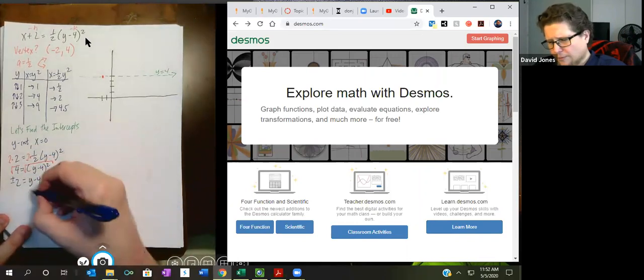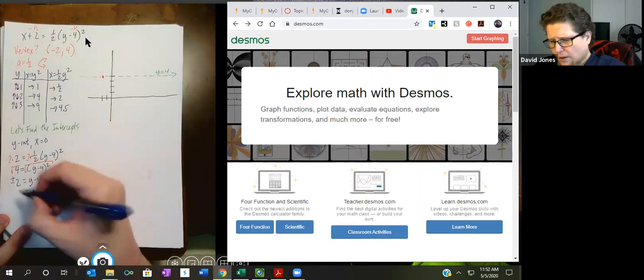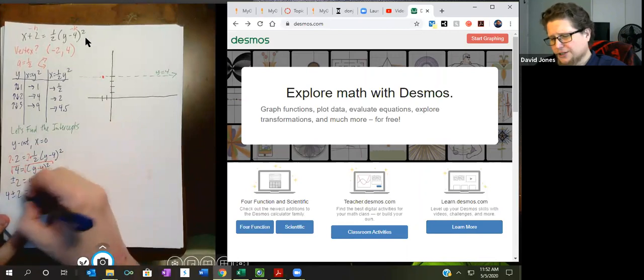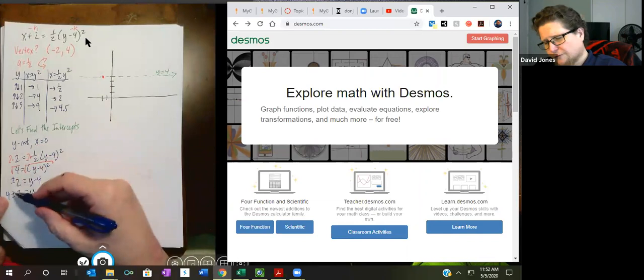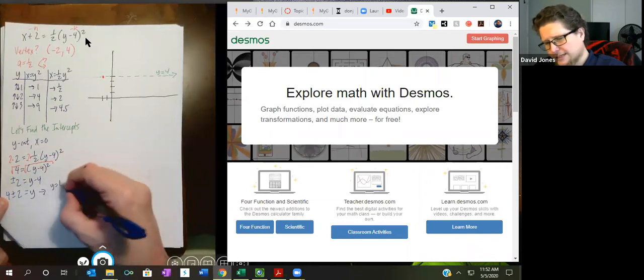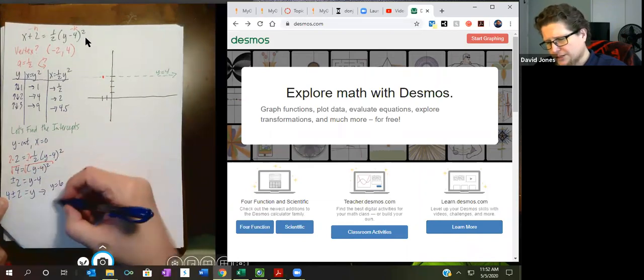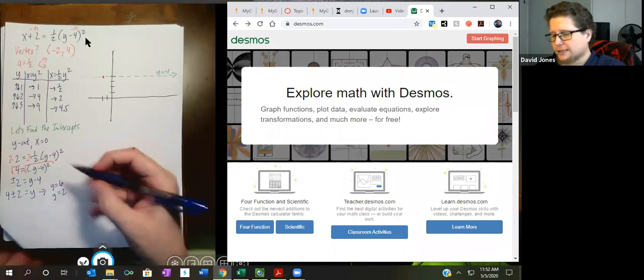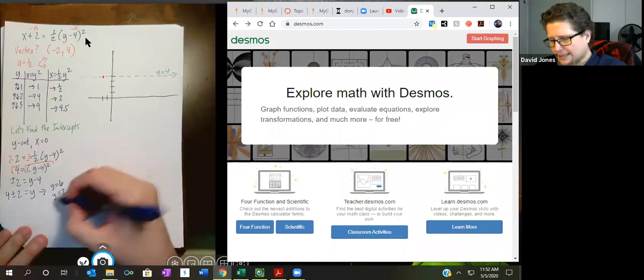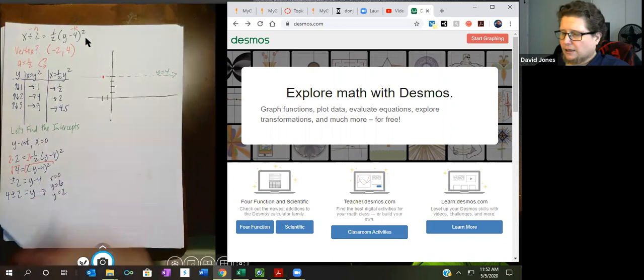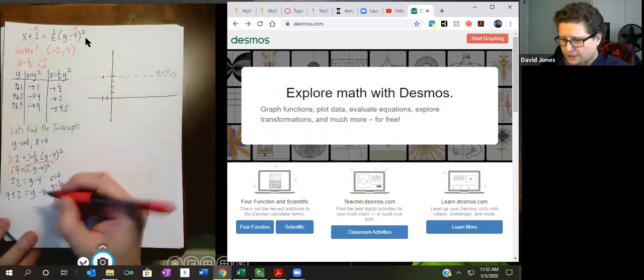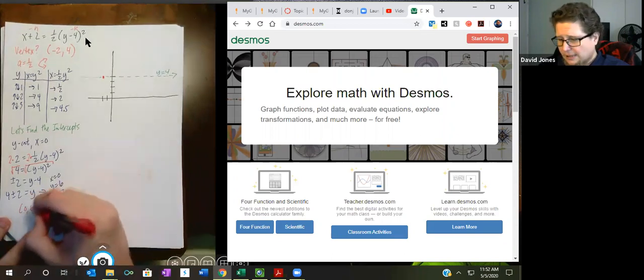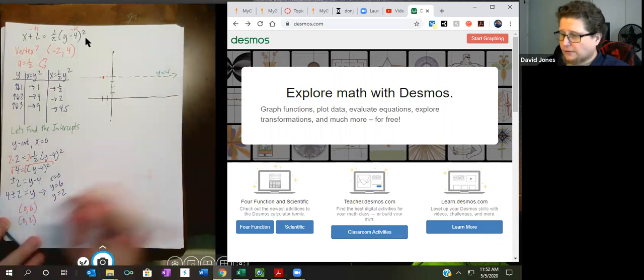And we add 4 to both sides. y = 4 plus or minus 2, which means 4 plus 2, y = 6 is a choice, and 4 minus 2, y = 2 is a choice. That's when x = 0. Our y-intercepts are (0, 6) and (0, 2).